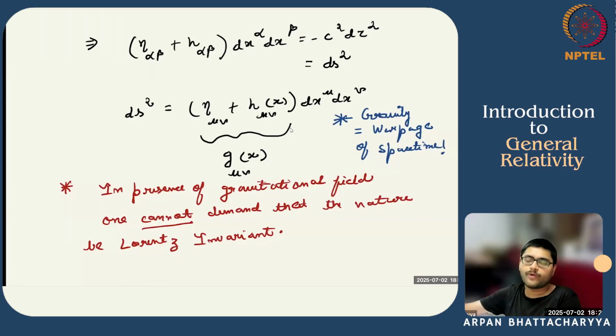Remember that we are only working to linear order in h. So a priori, there is no reason to believe that this conclusion that we are drawing from this simple exercise, that in the presence of gravity space-time metric will be warped, rather curved, may not be false. But we will argue that indeed the conclusion that we draw here is correct.